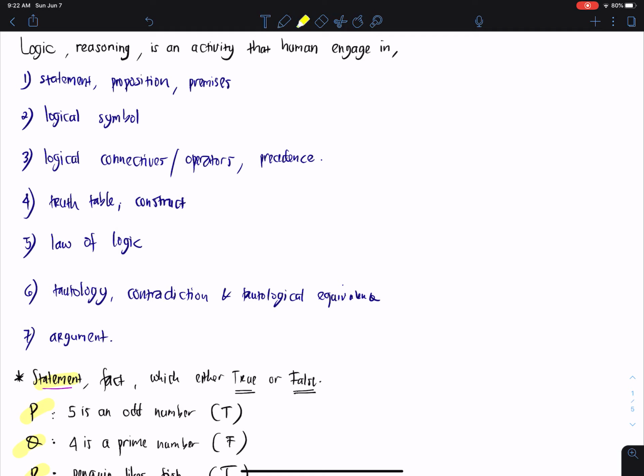Okay, so we already talked about statements again. Let me wrap up a little bit. For the logical symbols, we use capital alphabets. There are 6 logical connectives we already discussed.